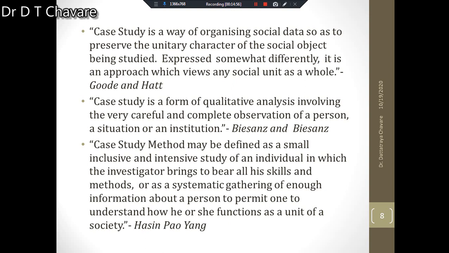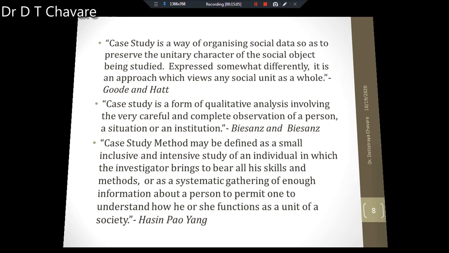This case study method definition is given by Pauline Young. This definition also we have to understand here.